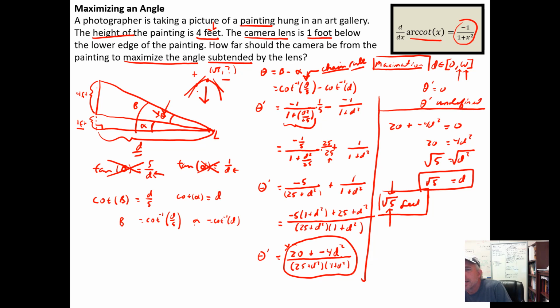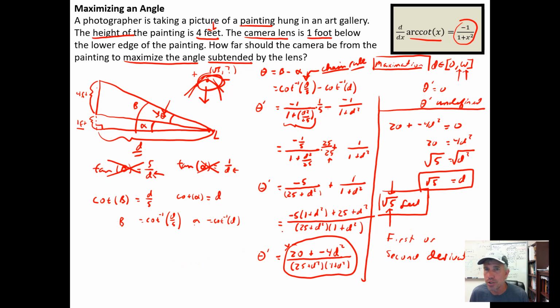So we would check, is the second derivative negative when the distance is the square root of 5. If it is, then the graph is concave down, so it corresponds to a maximum. So that's the extra work that would need to be done. Either the first or second derivative test to justify that what we had found was a maximum.